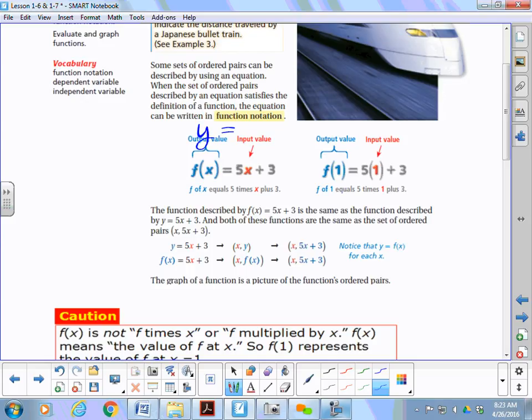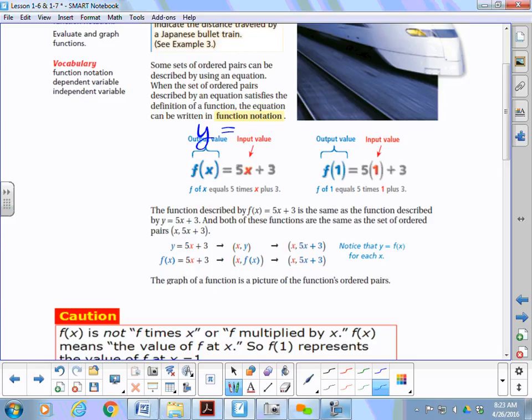So if they say f of 1, that means that we've replaced x with the number 1. Since 1 goes in here for x, I'm putting 1 in there for x, and then I find that answer. The difference is just function notation. It does not mean multiplication.